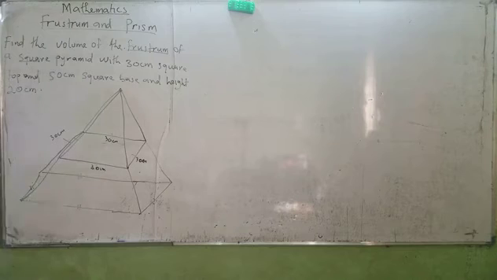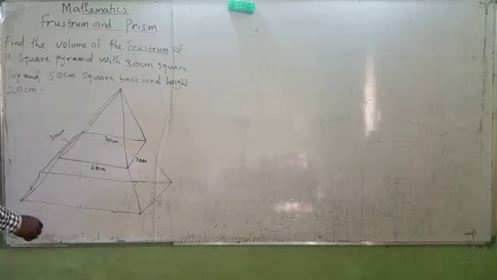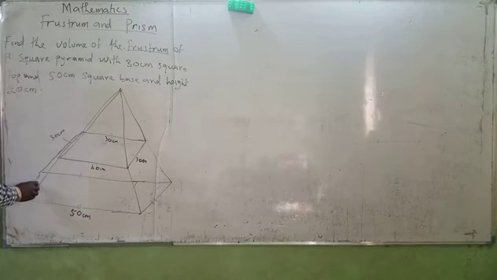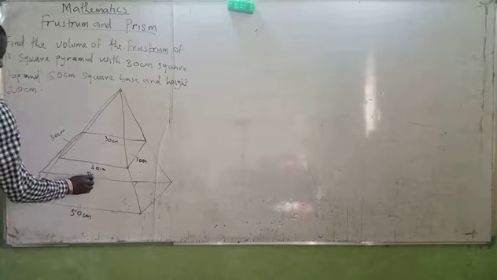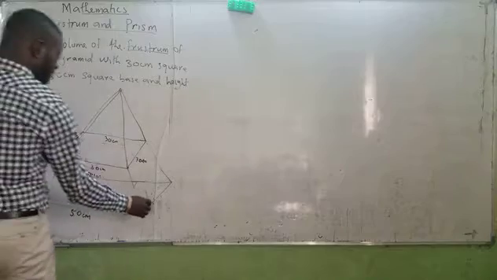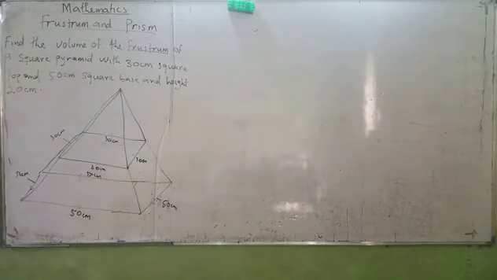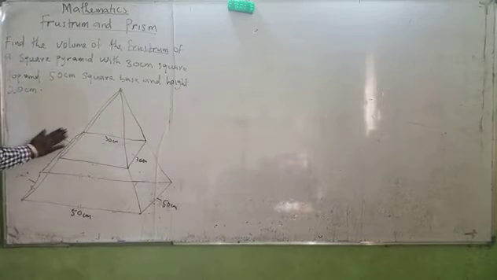That is what is given, and a 50 centimeter base, it means here is 50 centimeter, 50 centimeter, 50 centimeter, and 50 centimeter. I'm just trying to illustrate so that a better illustration can be given.